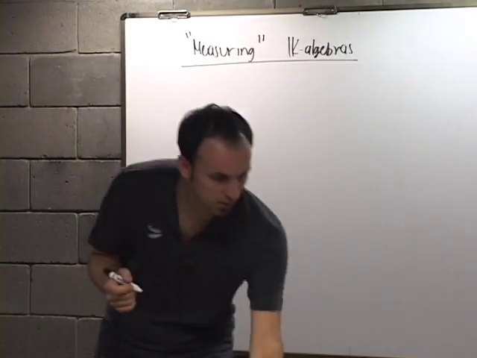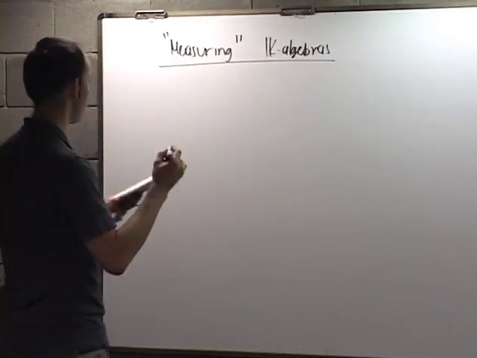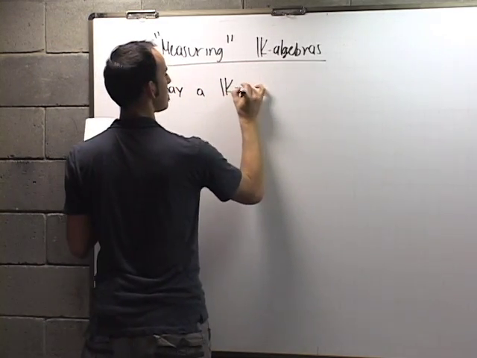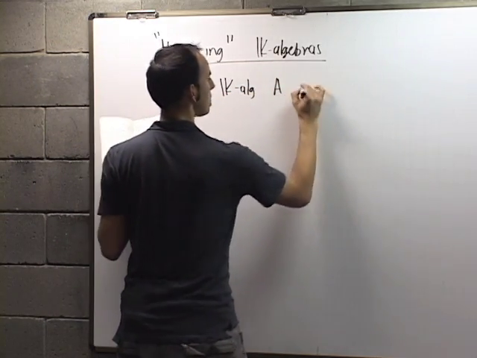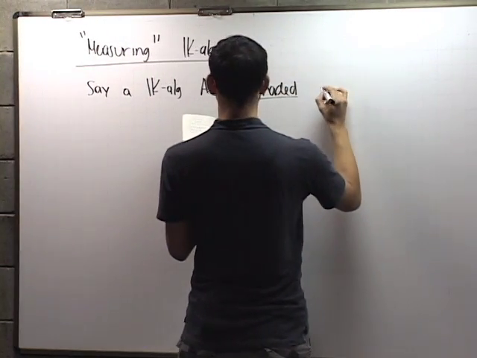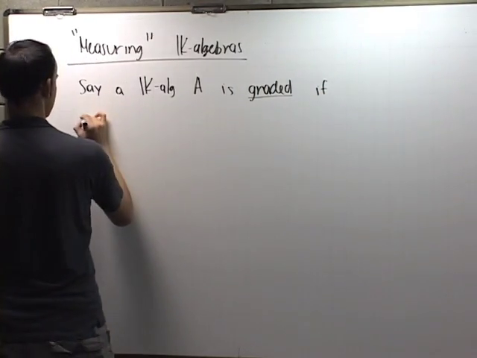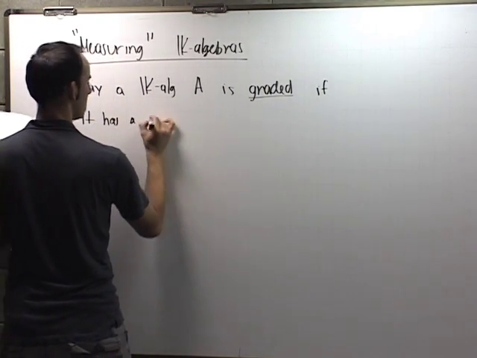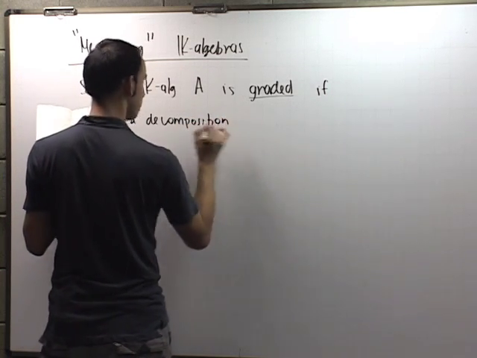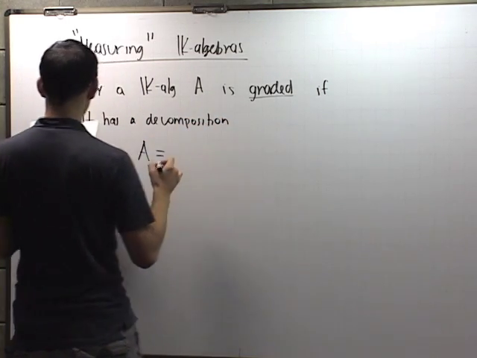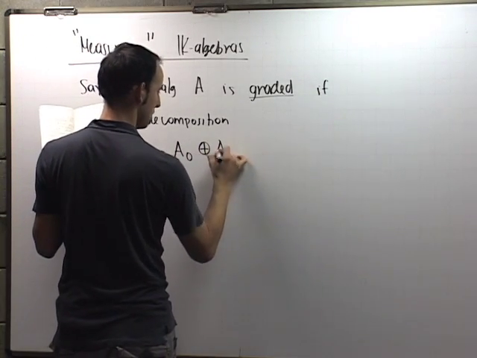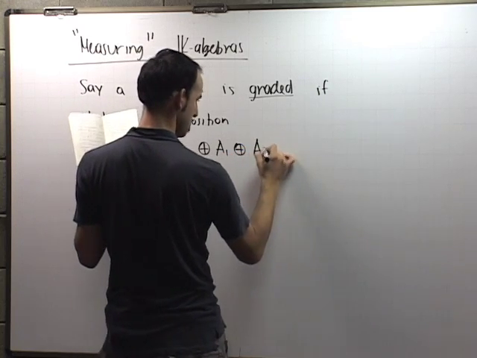And so I'm going to make a definition: a K-algebra A is graded if it has a decomposition as a direct sum of A0, A1, A2, etc.